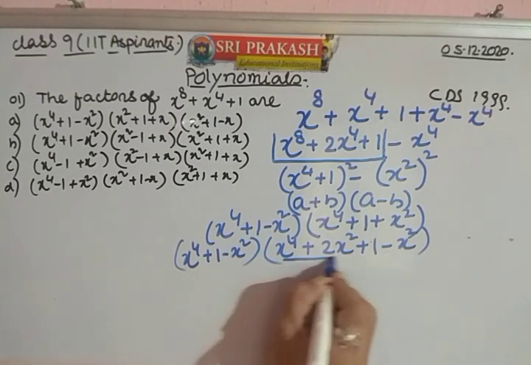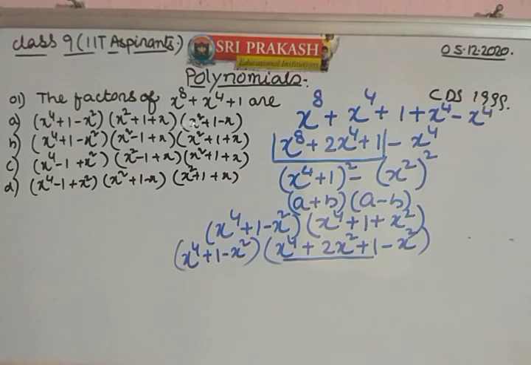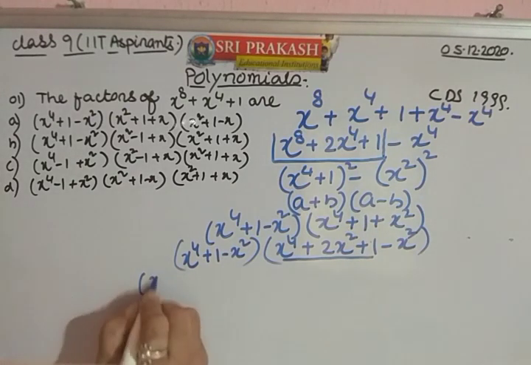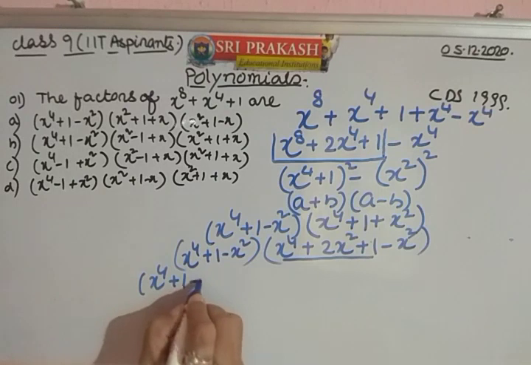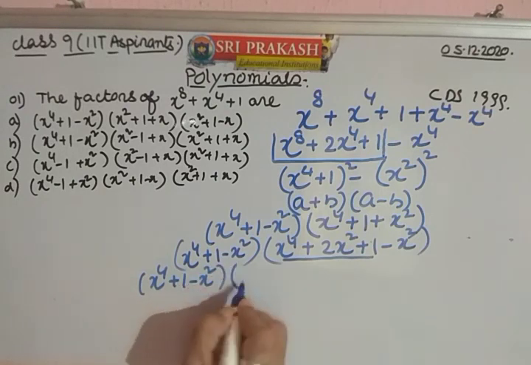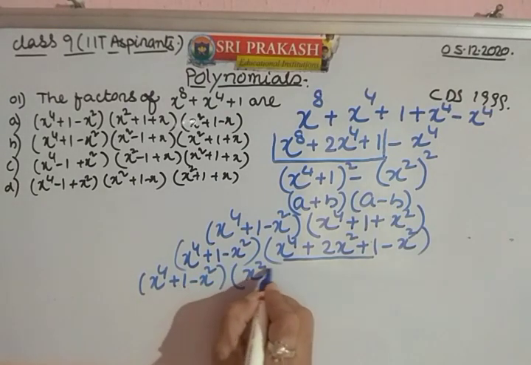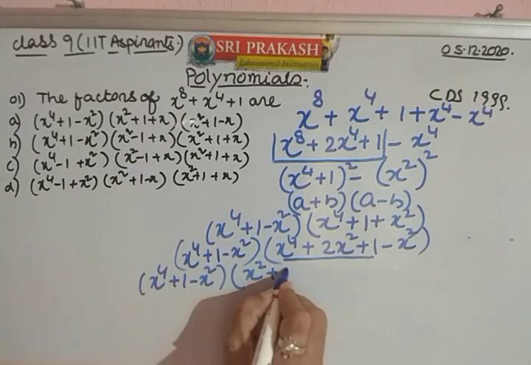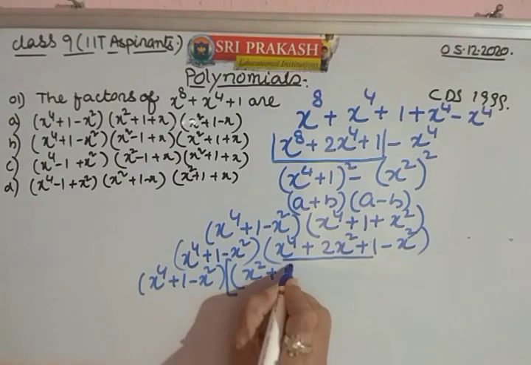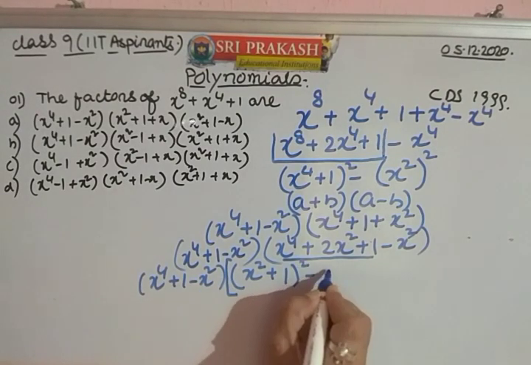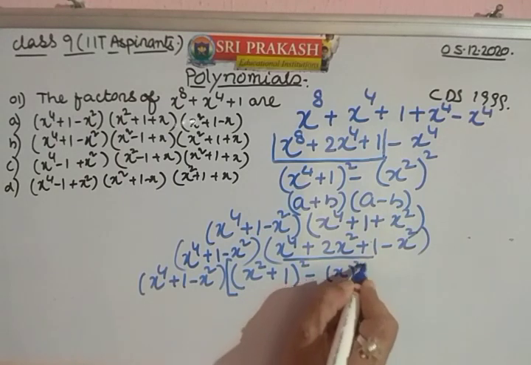So from here to here, this is in the form of a plus b whole square. Let us write: x square plus 1 whole square minus x square.